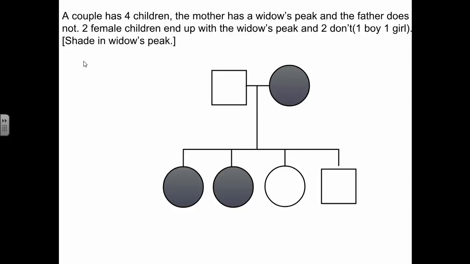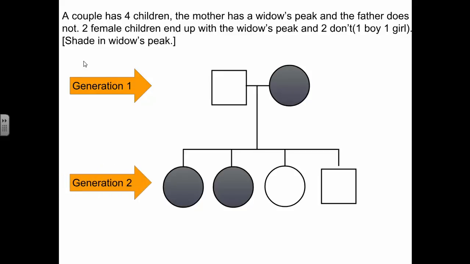So again, we just have 2 generations of people. Now I'm going to ask you for something a little bit more. So based on everything we know, and I'll tell you this, widow's peak is dominant. Can we fill in their, do we know their genotype when we look at this family?